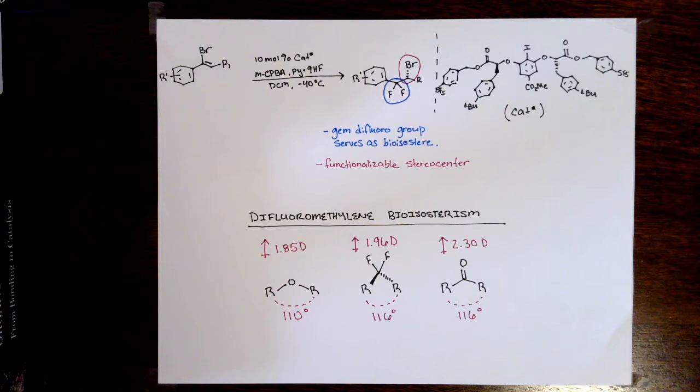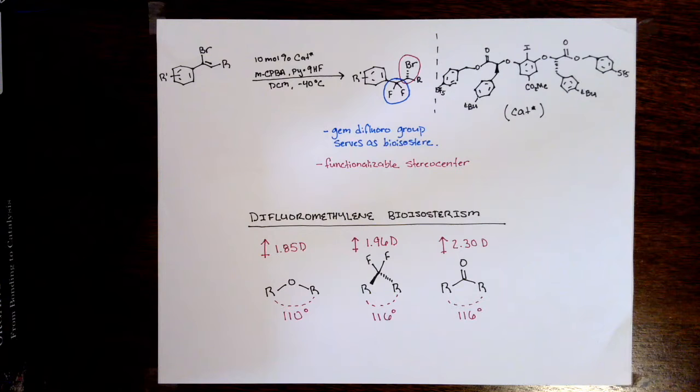And the bond angle around that carbon is similar to that of the ethers and the ketones. And so by installing this functional group, you can gain metabolic stability by removing reducible or oxidizable functionality that is in a molecule. And typically you can also gain some solubility properties by adding fluorines to these natural products.